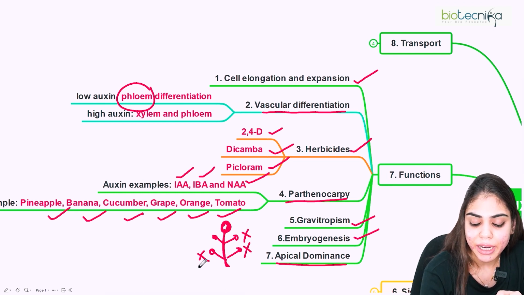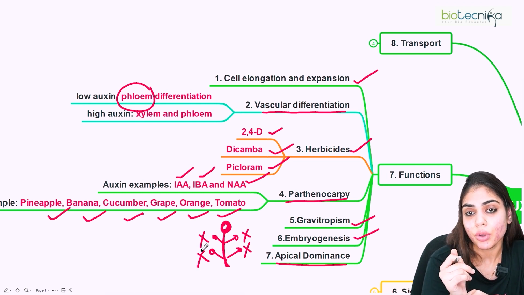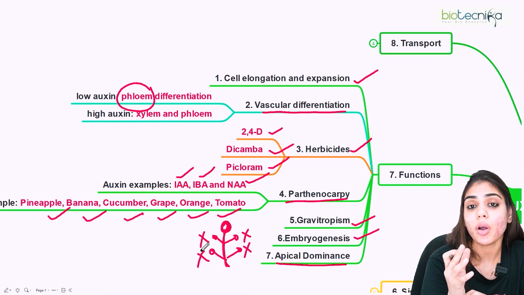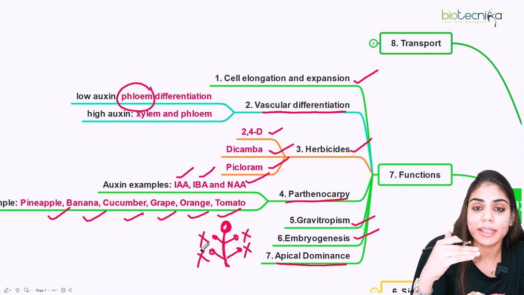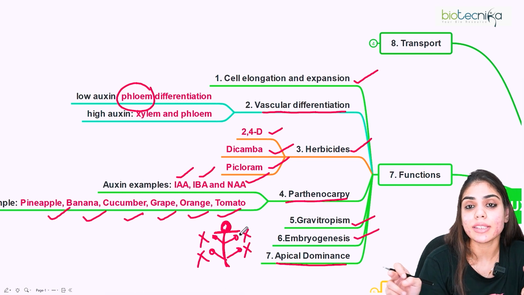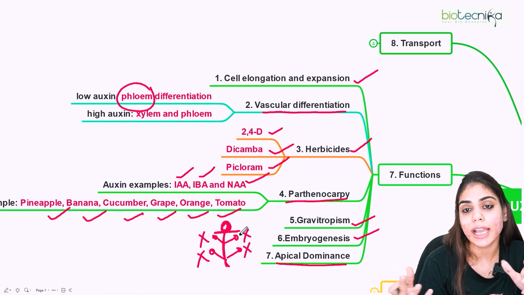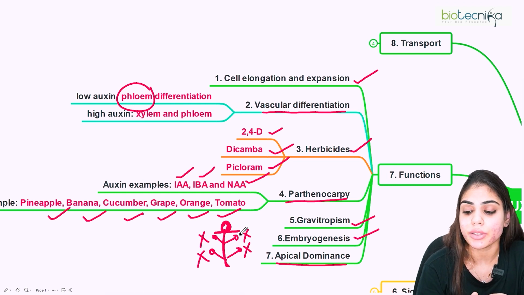So if there is a high production of auxin in the plant, only the central stem will grow, because here you can see the phenomenon of apical dominance. Whenever the gardener does any kind of pruning or removes this tip, only then can you see the sideways growth or the hedge-like growth of the plant. This is because of the apical dominance phenomenon.